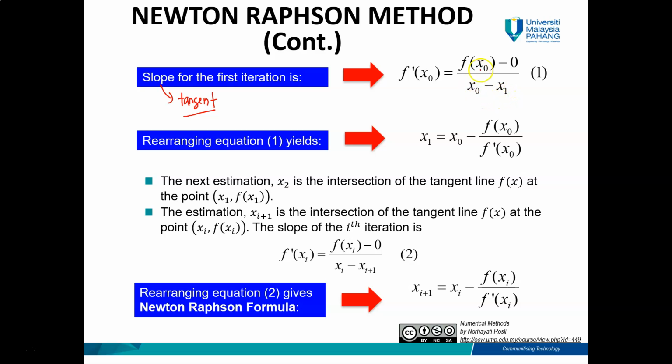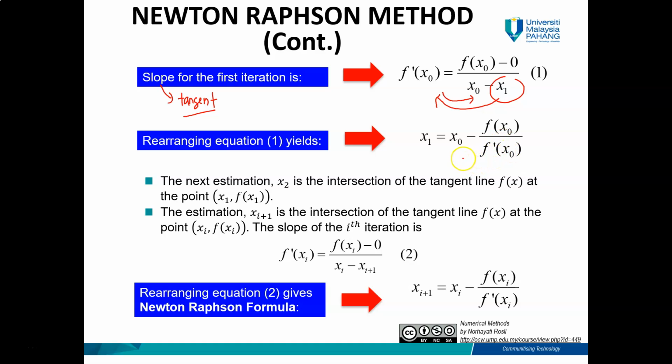Based on this, the root that we want to compute is x1. So we can rearrange this equation such that x1 becomes the subject. We move x1 to this side and f'(x0) to this side. We rearrange and get x1 equal to x0 minus f(x0) divided by f'(x0).